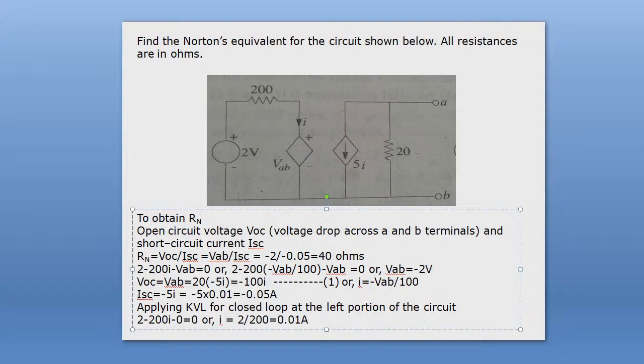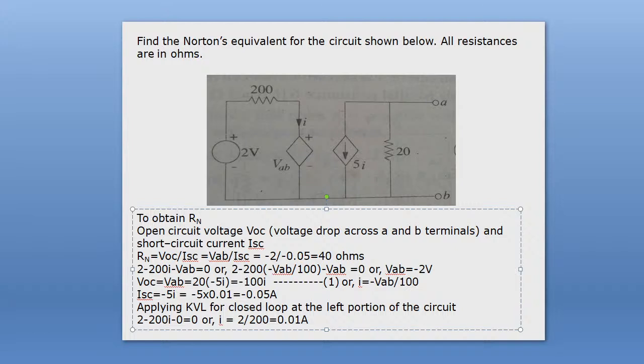So therefore VAB equal to minus 2 volt. Now you can calculate Norton resistance by taking ratio of minus 2 volt and minus 0.05 ampere. Therefore you will get 40 ohm resistance. The value of Norton resistance is 40 ohm.